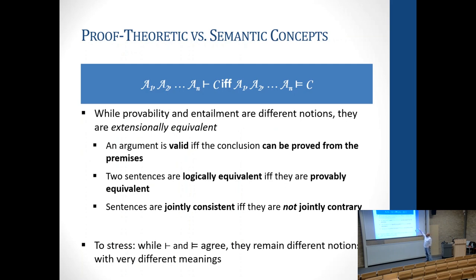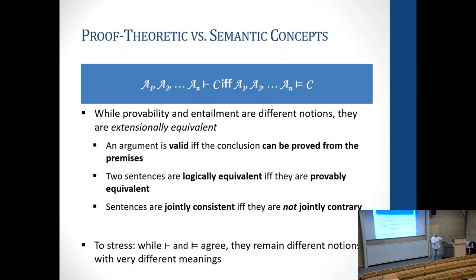So this gives us this tight relationship. An argument's going to be valid if and only if the conclusion can be proven by assuming the premises. Two sentences are logically equivalent if and only if they're provably equivalent. This also means if we show that one side fails, then the other does too. Sentences are jointly consistent if and only if they're not jointly contrary, and vice versa.